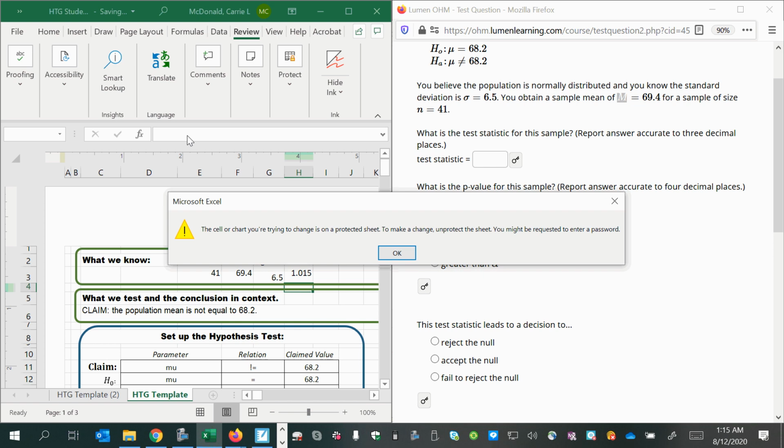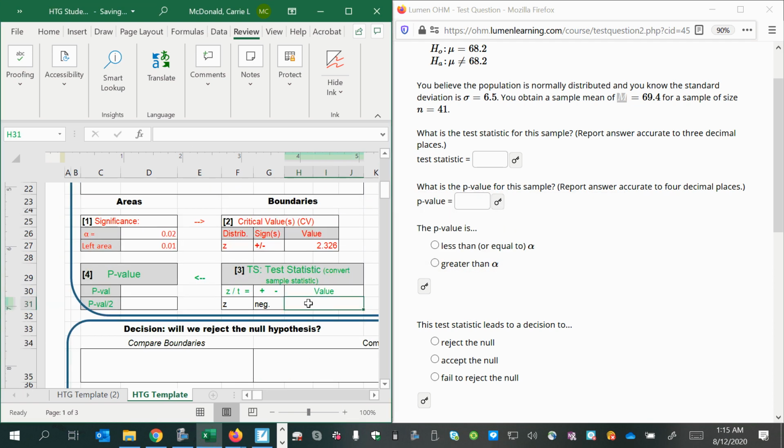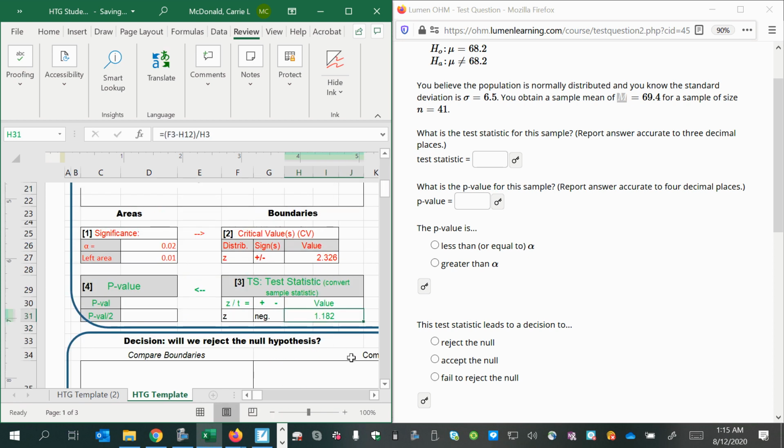So now, when I do my z-score with x bar minus the claimed mean and divided by the standard error, I get my test statistic of 1.182.